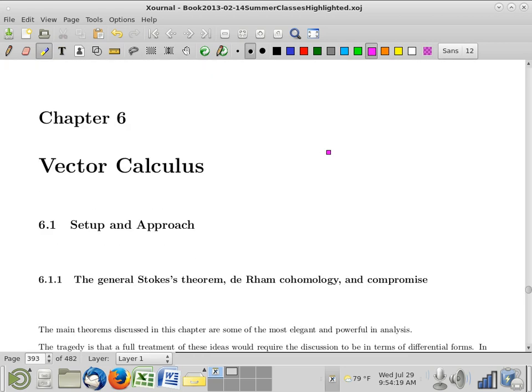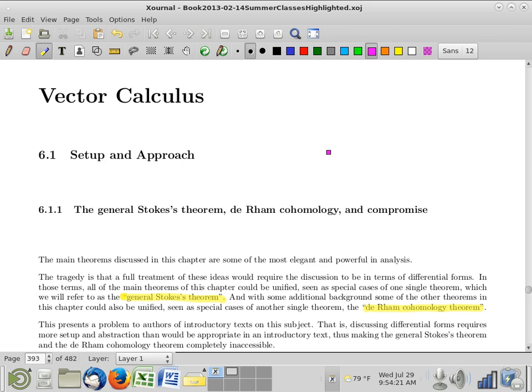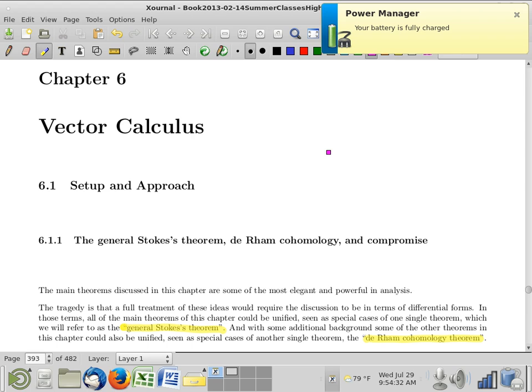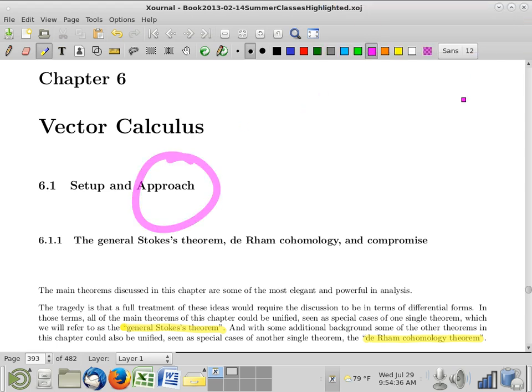Now on to chapter 6, our last chapter. A lot of stuff kind of all comes together in this chapter. Heavy topics here in chapter 6. I want to tell you a little bit about the approach that I'm going to be taking in this chapter. There are 2 very common approaches for this material.